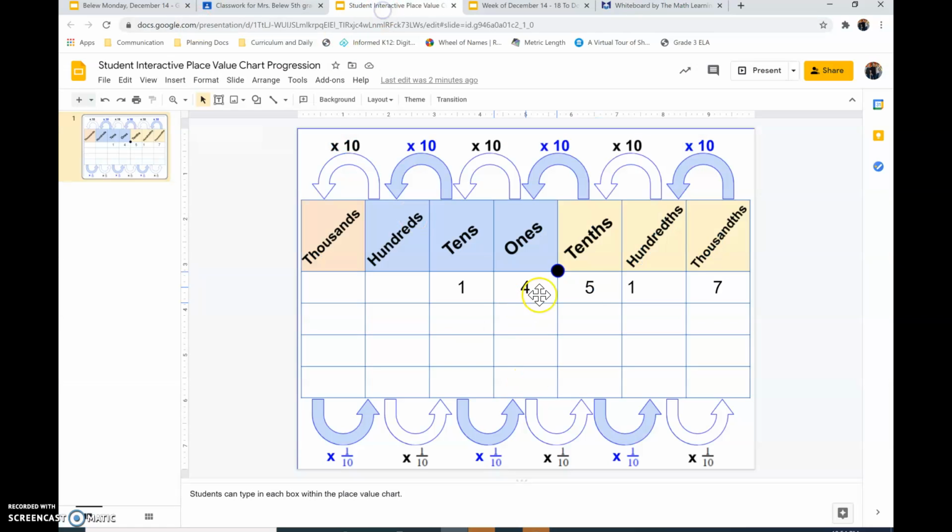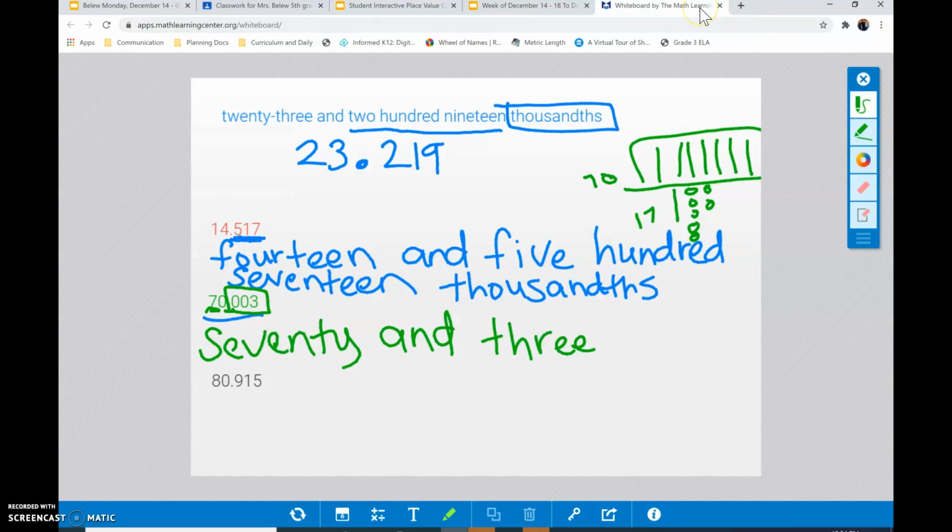Well, I could put it 0, 0, 3. The 3 would be in the thousandths place. 70 and 3 thousandths. Okay? And I have another example. You would do it the same way. If you want to pause the video and have the students send you that answer in chat, feel free.